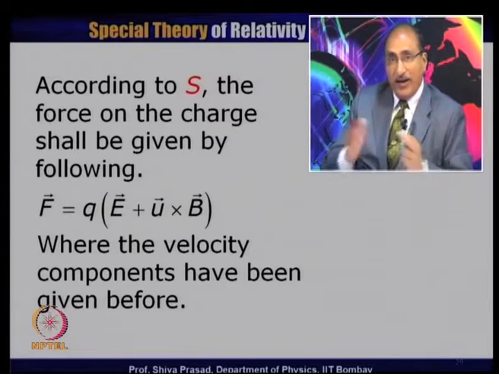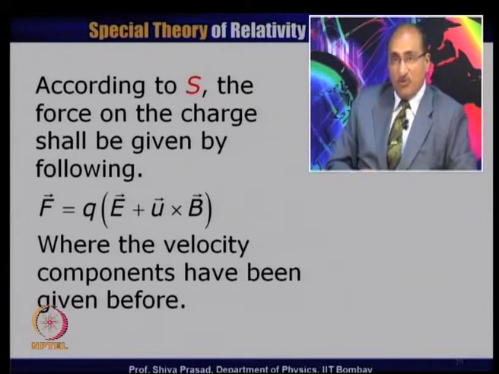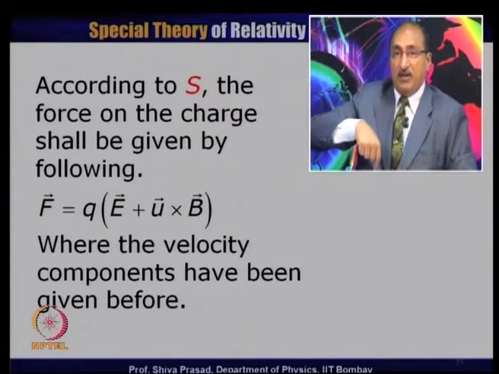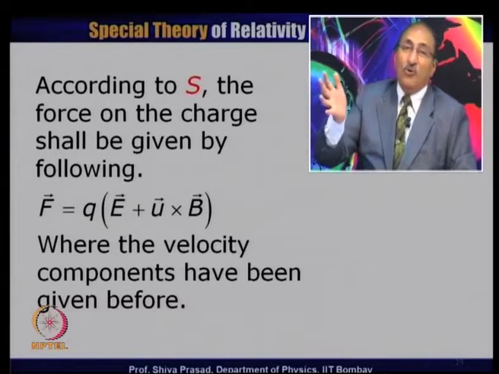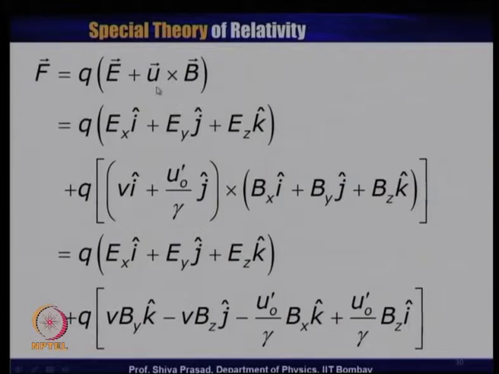So, I will now write this particular equation in vector form, and then eventually take x, y and z components of the forces, then compare with what I have obtained as fx prime, fy prime and fz prime, and I know that they must obey the force transformation equation. This is a rather longish transparency.